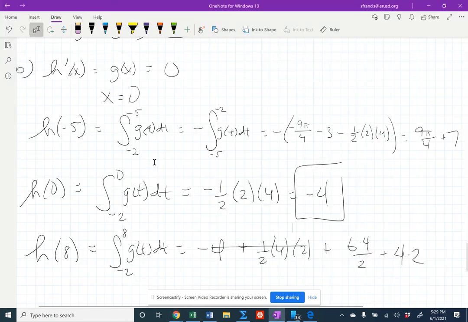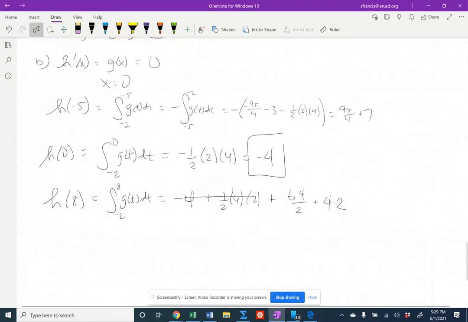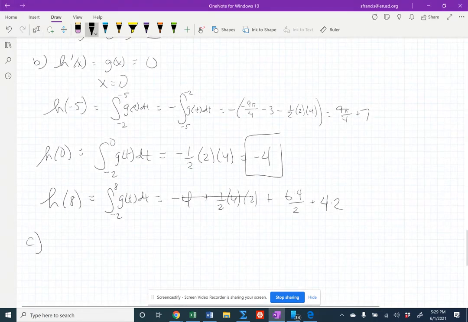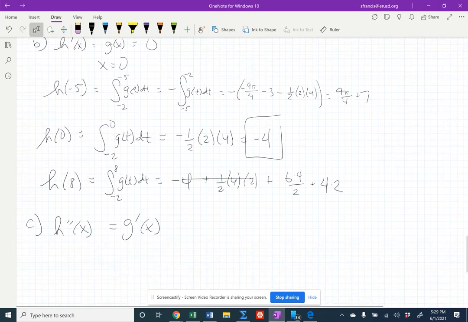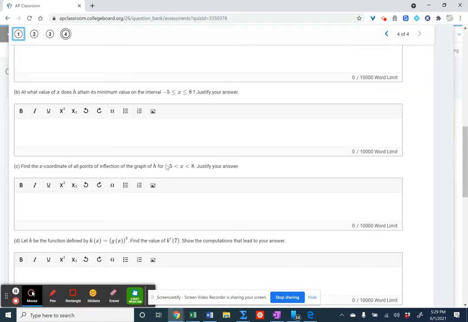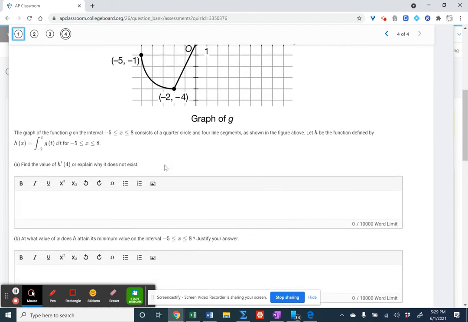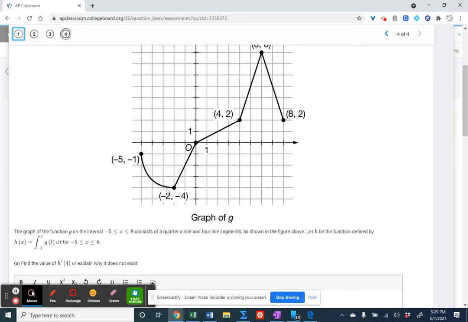All right, so points of inflection occur with the second derivative, potentially where the second derivative is 0 or does not exist. All right, so G prime, let's go back and look at the graph really quickly. Where does G prime equal 0? So the derivative equals 0? Nowhere. It would be at this point right here, but the sharp turn makes it not exist. If the quarter circle continued, then we have a horizontal tangent there.